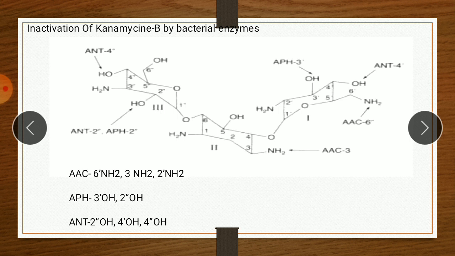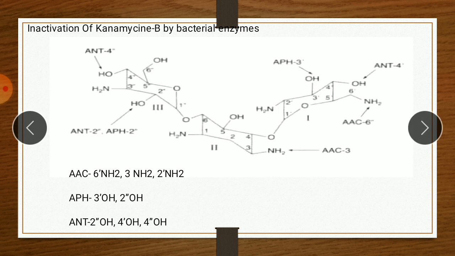Second approach is increasing the bulkiness around the target group. Suppose NH2 is the target, and we put a bulky group just neighboring the NH2 group, then it gives protection to the amino group. So these are the two main approaches used to protect the drug.